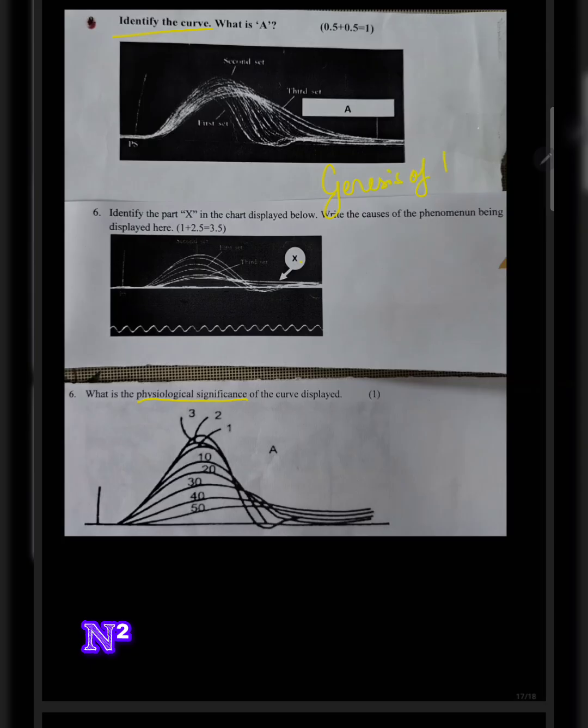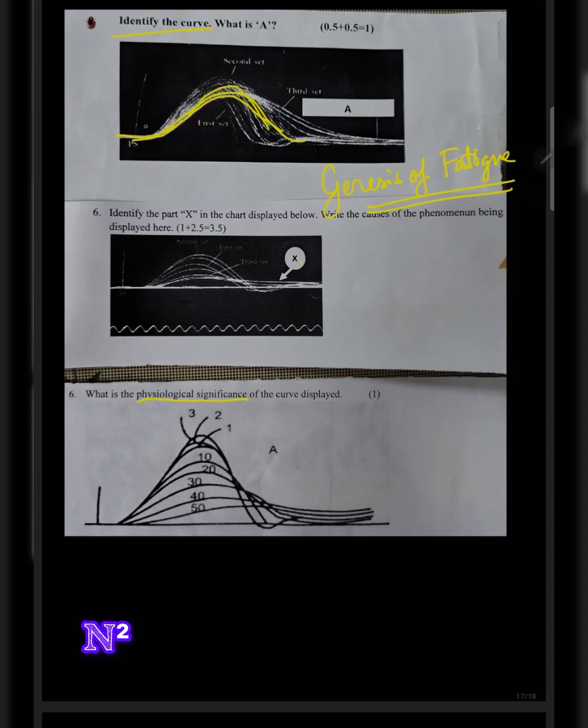So all the three curves are showing you the phenomenon of genesis of fatigue. In definition, fatigue is defined as the decrease in performance due to continuous and prolonged activity. If you are continuously using the nerve muscle preparation with a shock and recording the simple muscle twitch, you are getting multiple sets of simple muscle twitches.